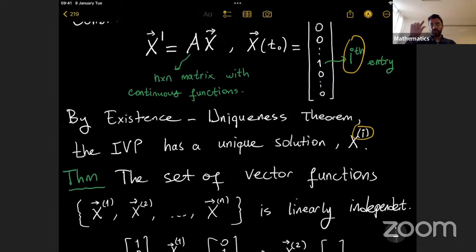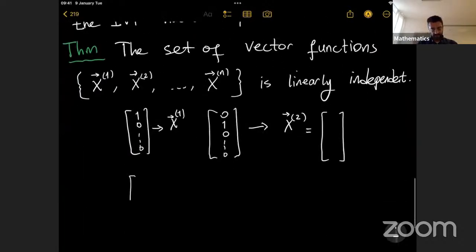Well, if two entries are 1, there's one question: what happens in this case? 1, 1, 0, and 0. Well, there is also a solution, but right now we are not interested in that. There is also a unique solution because it gives an IVP as well, but we are not interested in that solution right now.